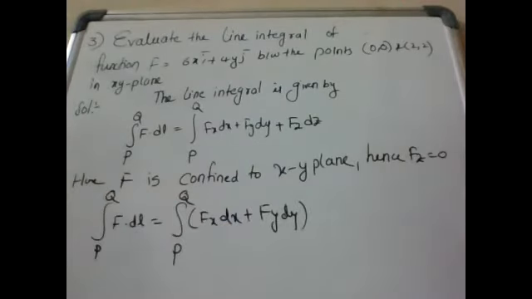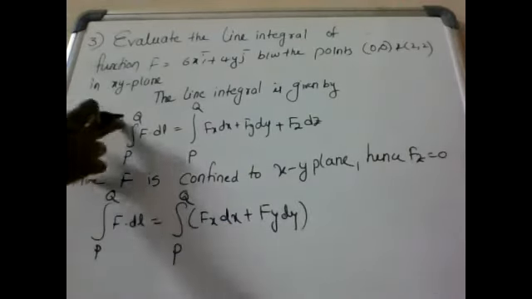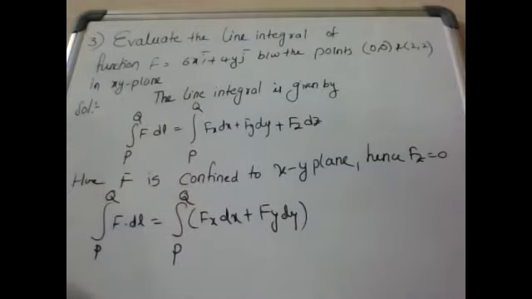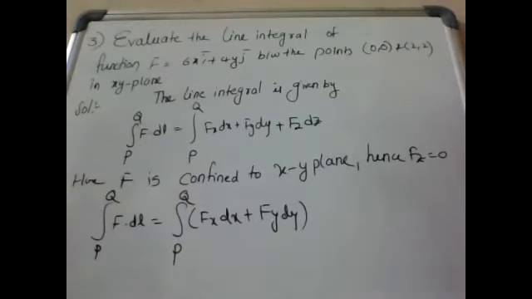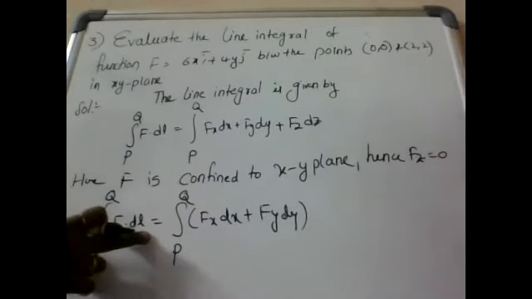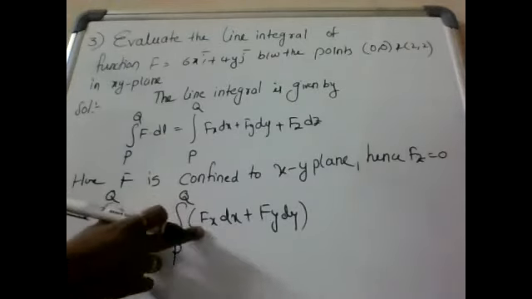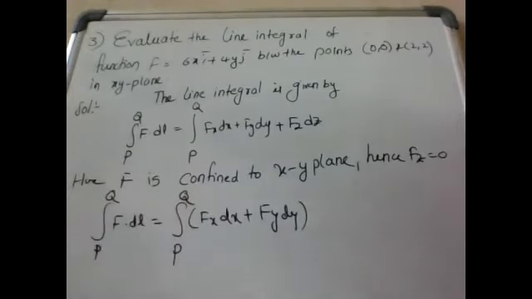The line integral is given by integration p to q f dot dl equals integration p to q f suffix x dx plus f suffix y dy plus f suffix z dz. Since f is confined to the xy plane only, f suffix z equals 0. From that rule, integration p to q f dot dl equals integration p to q f suffix x into dx plus f suffix y into dy.